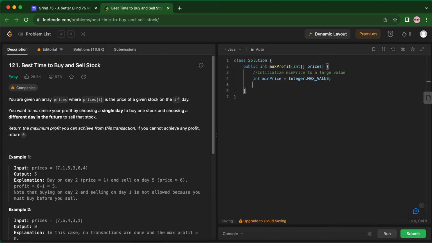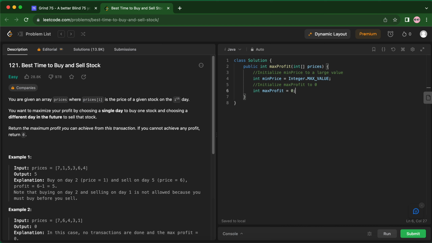Similarly, we'll initialize our max profit to 0, because at the beginning our max profit is 0, and if we find a maximum profit, we keep updating it.